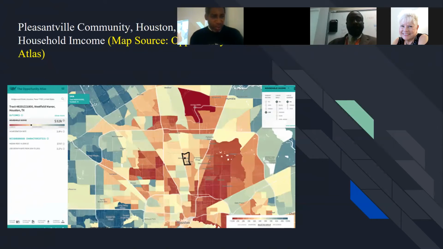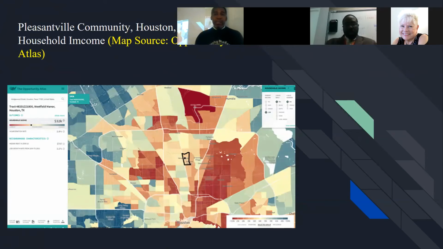Very interesting resource. If you notice the color ramp on this map, it indicates that this tract, which is inside the Pleasantville community, has a mid-range household income of $32,000 per year. But if you look at some of the tracts in and around Pleasantville, they tend to fall more towards the lower income side, not the lowest income side.